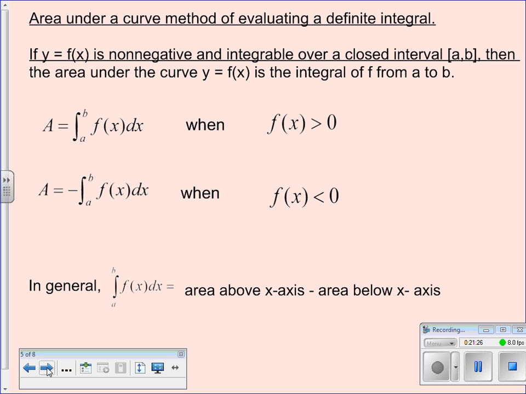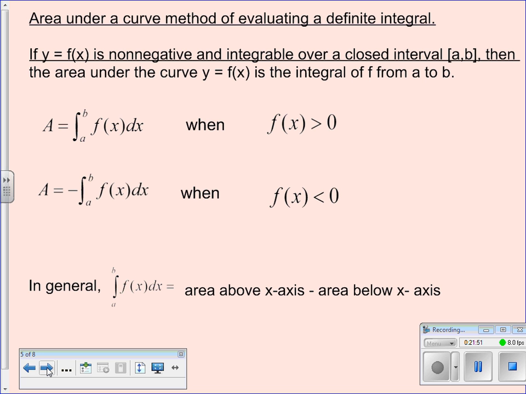So in general, area above the x-axis minus area below the x-axis. That's generally speaking what it is. We are going to use several methods for integration. We've already done one, technically. When you guys were using the rectangular area method, you were doing an approximation of an integral. Not a very good approximation, though. Because how many rectangles did you have?